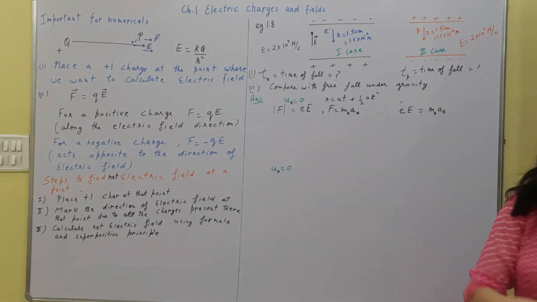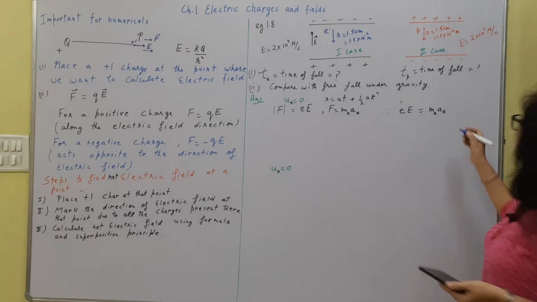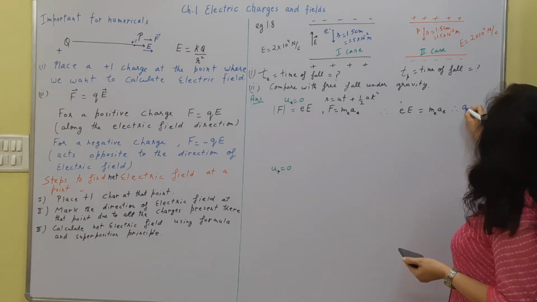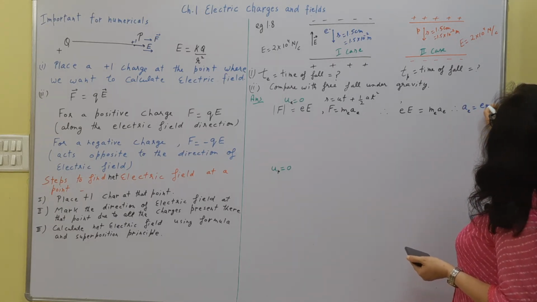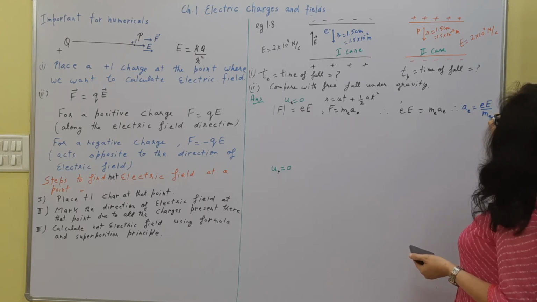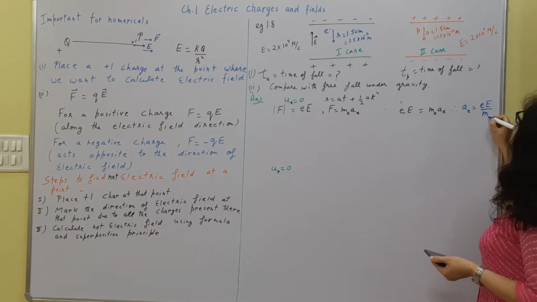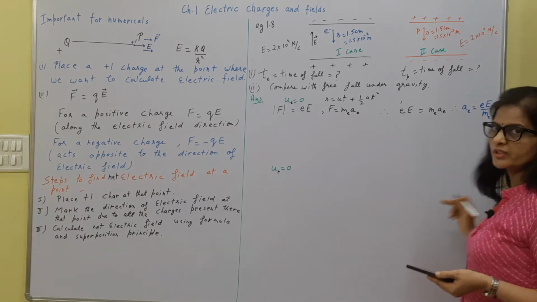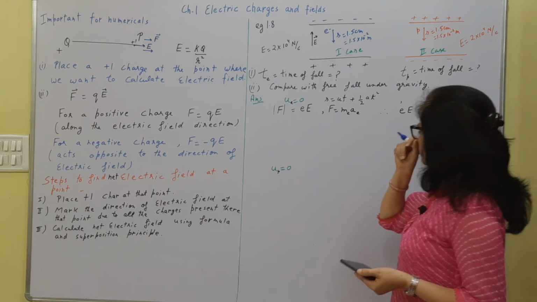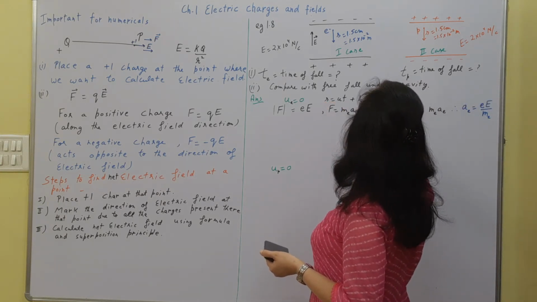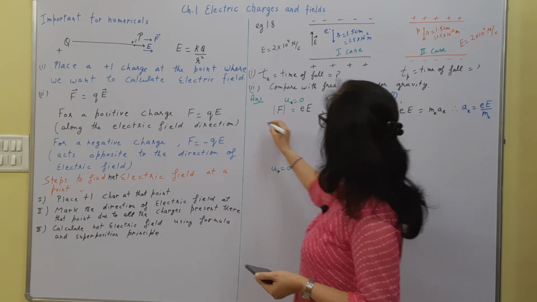So from here you can write down that acceleration is this upon this, where e is suffix. This is not a product, this is written in smaller letter just to show that this is the mass of electron. Now in this equation I am marking this as first.